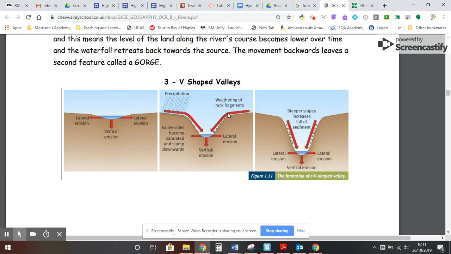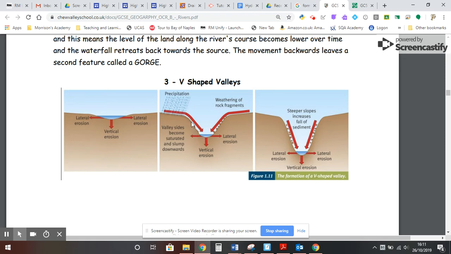So key to this answer is in the mountains on a steep gradient, lots of vertical erosion, channel eating downwards, undercutting of the riverbanks because of hydraulic action, abrasion, and solution, which you also then tell me what those three words mean. On top of that, the valley sides start to get steeper and more V-shaped due to slumping.